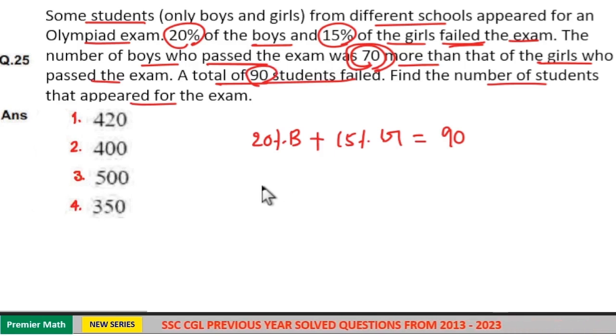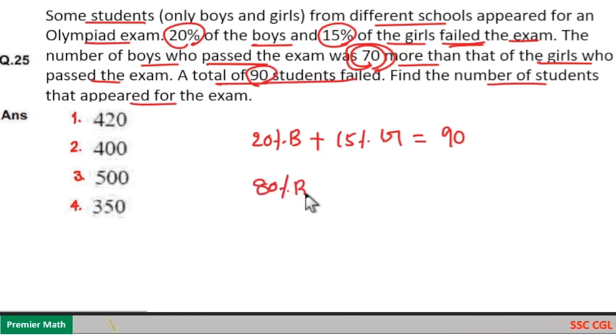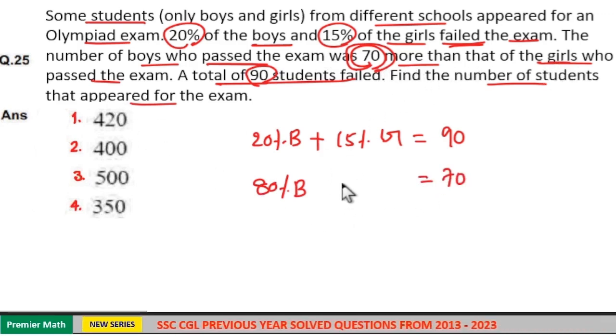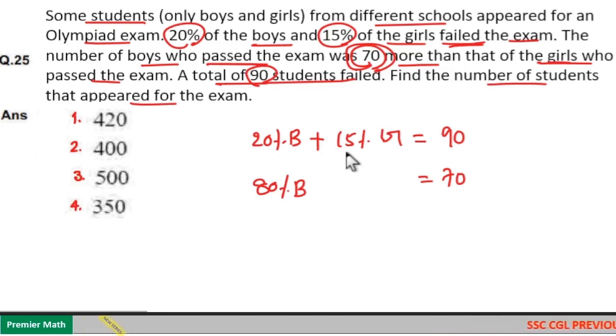Number of boys who passed is equal to 80% of boys, which is 70 more than the number of girls who passed the exam. Girls who passed the exam is equal to 100 minus 15, 85 percentage. So the difference between these two is equal to 70.